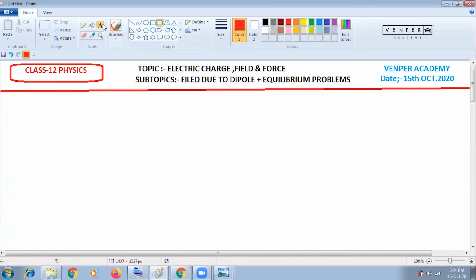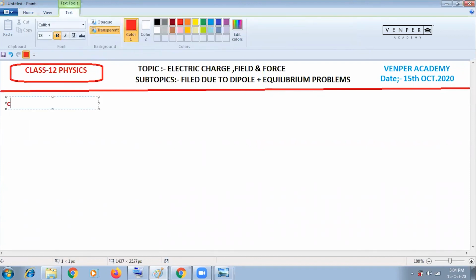So write the heading: calculation of electric field, electric field due to dipole.